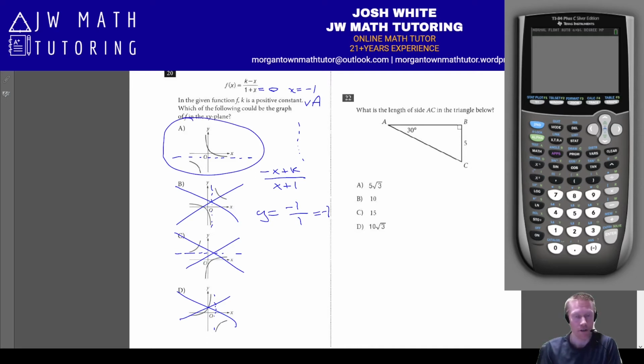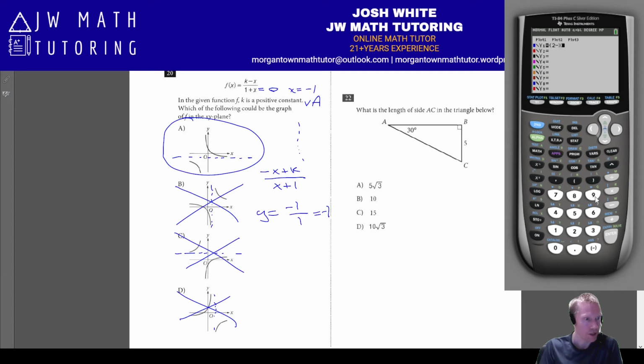Now, here's how you could use the graphing calculator to solve this problem in possibly a quicker, easier manner. Just go to the y equals screen, and now I'm just going to graph an example function where I plug in a value for k. So on the top, let's make it, whatever, positive 2.